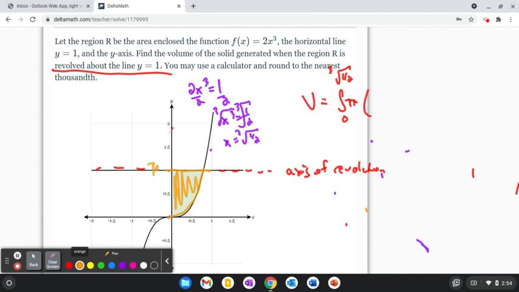So it's the top, which is the line y equals 1, minus the bottom, which is the function, 2x cubed, and that whole thing squared, dx. So that's what we're going to type into our y equals. Again, you could do this by hand. I wouldn't advise doing it by hand, but you can. This could be just a multiple choice question on the AP test because it really doesn't take long to do with the calculator.